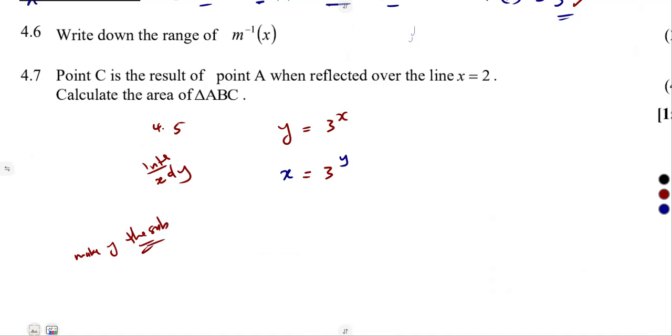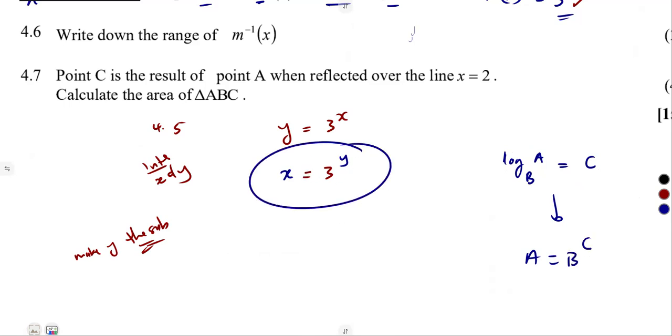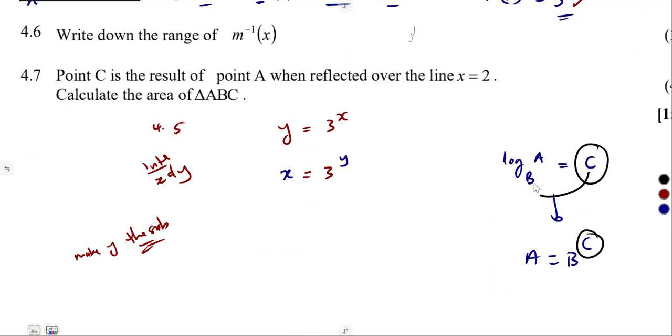Remember the steps from our logarithms concept: if we are given a equal to b to the exponent of c, then log a in base b equals c. So we have this in exponents, and we convert it to a log. We can see that our exponent c will be the subject of the formula. Our exponent is y, so y is going to be the subject.